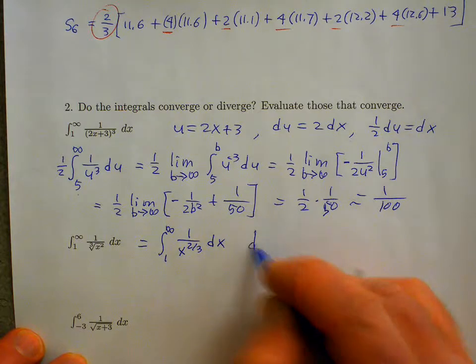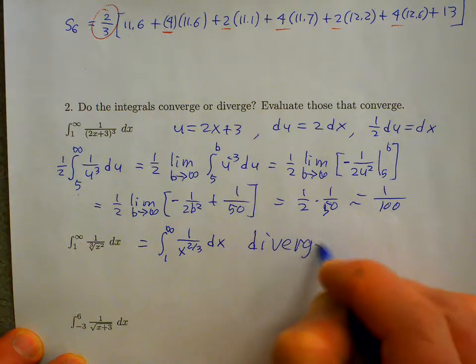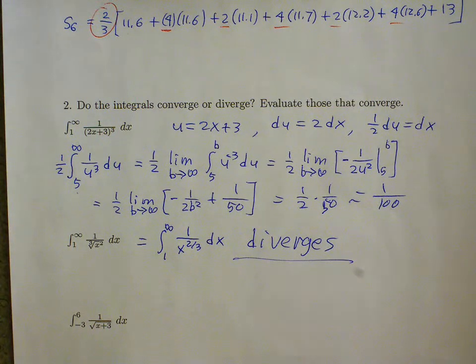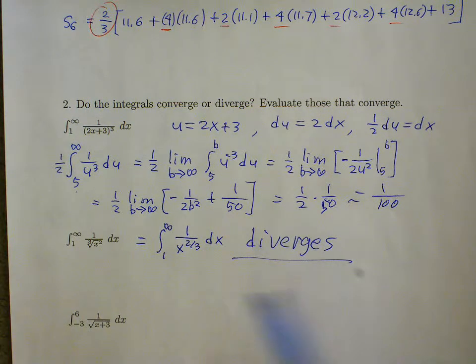So this diverges, if you remember that. It wasn't really called a theorem, but in effect it's a theorem. If you have 1 over x to the p, then it diverges if p is less than or equal to 1, and it converges if the exponent is greater than 1.